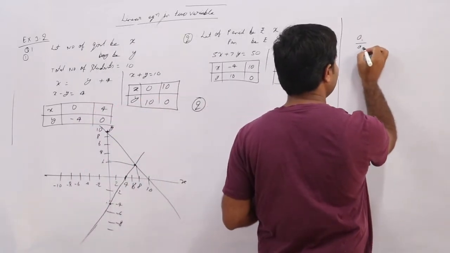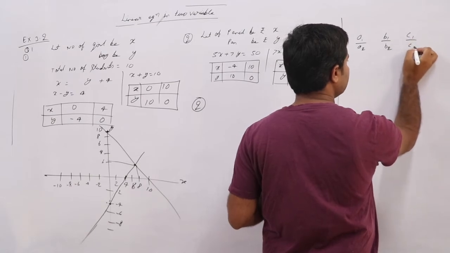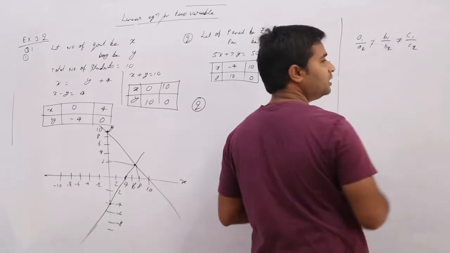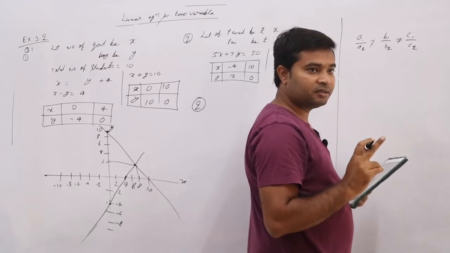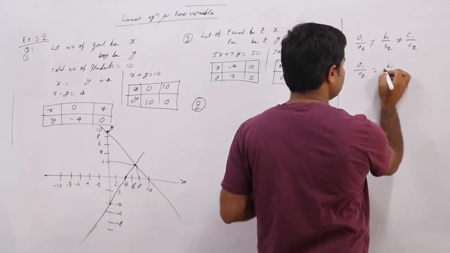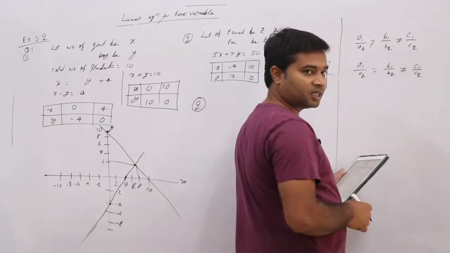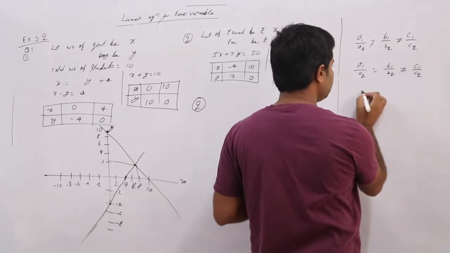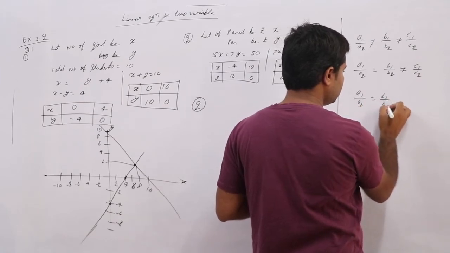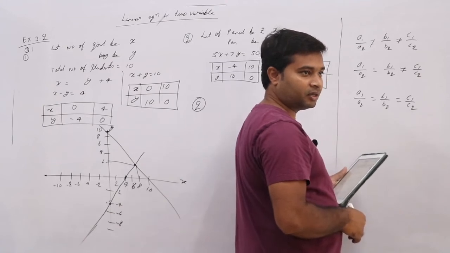A1 by A2, B1 by B2, C1 by C2. If all are not equal, that is one situation. Another situation: they are equal. Correct? Yes or no? Yes, sir.